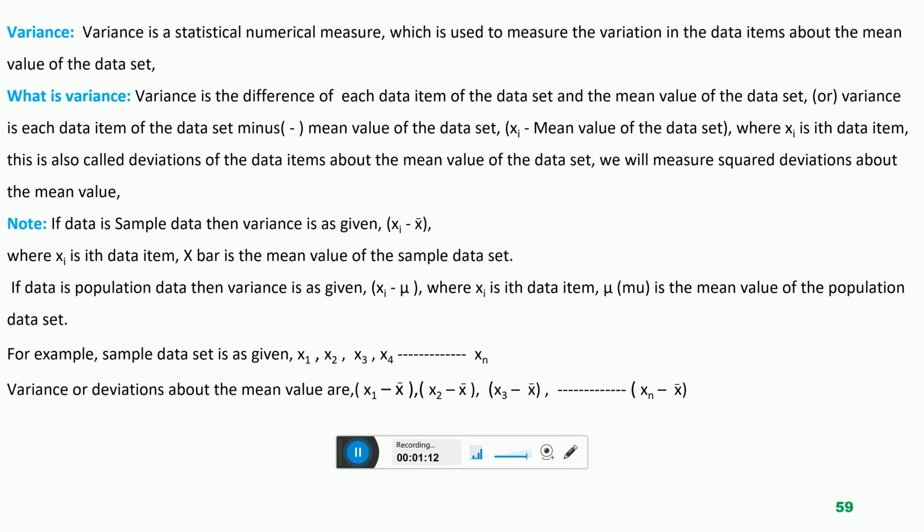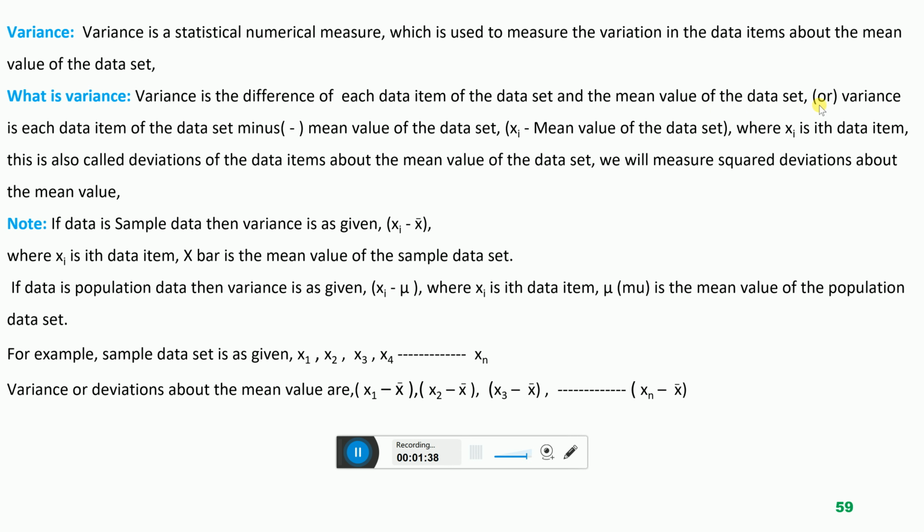Simply, this is the difference between each data item of the data set and the mean value of the data set. Or simply, variance is equal to each data item of the data set minus the mean value of the data set. So it is very clear that variance is the difference of each data item and the mean value.